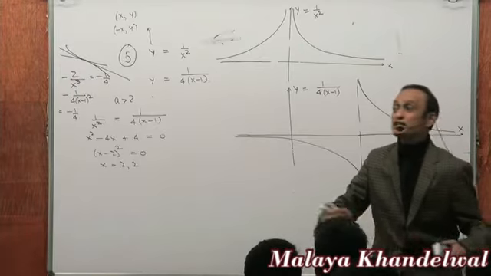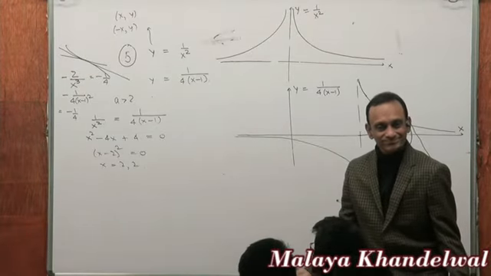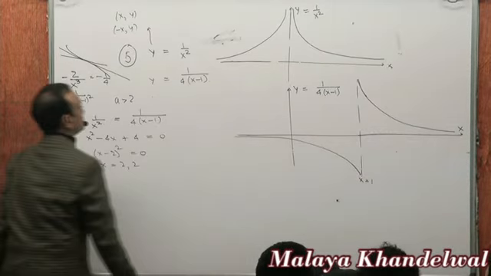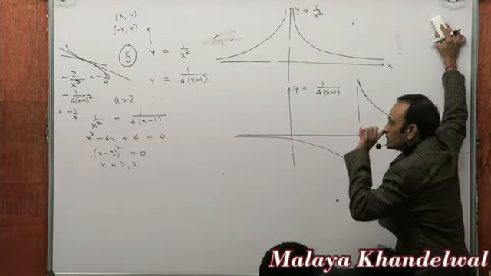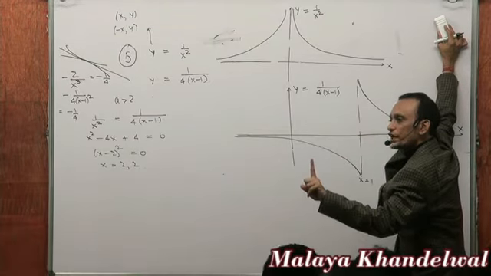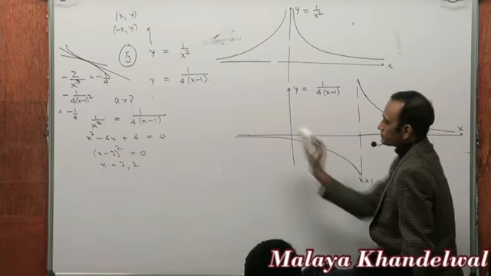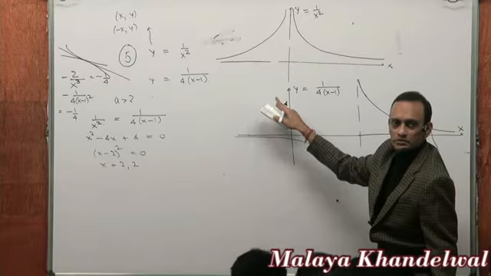That means they should have been touching each other at x equal to 2. So now we are all set. The two curves touch each other at x equal to 2. Right? And can I just remove that calculation and draw both the graphs on a common frame?